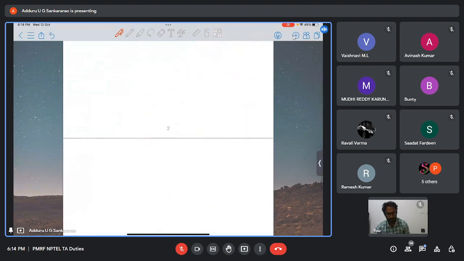You might have seen region of convergence in the Laplace domain also, right? So in a similar way, what is the region of convergence? Let us say the z transform of a signal is this one.